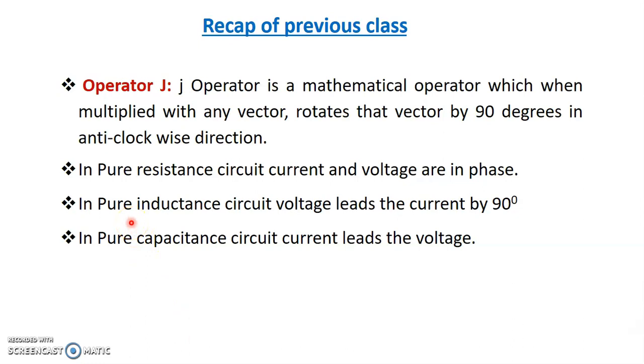In pure resistance, current and voltage are in phase. In pure inductance circuit, voltage leads the current by 90 degrees, whereas in pure capacitance circuit, current leads the voltage.